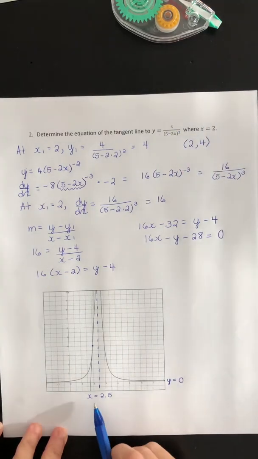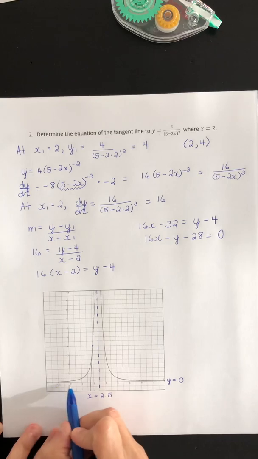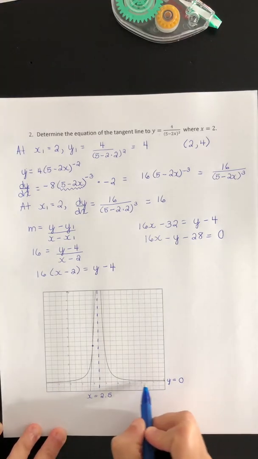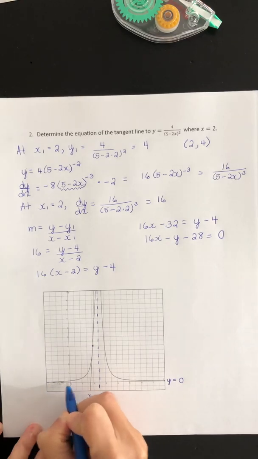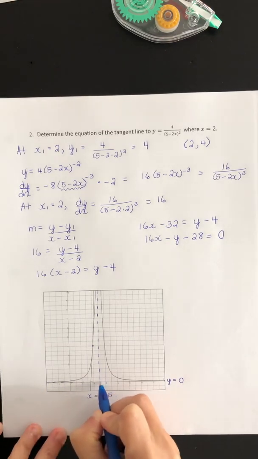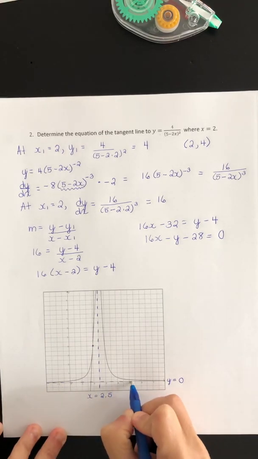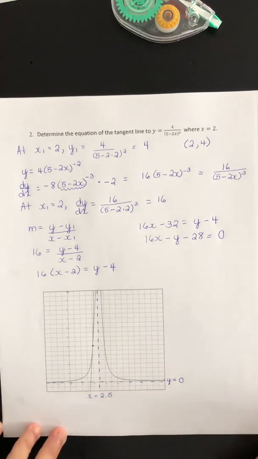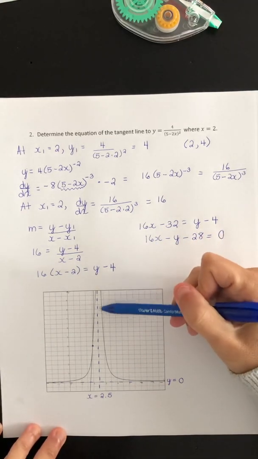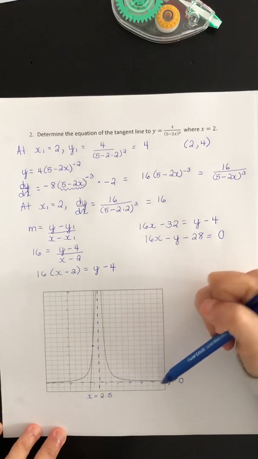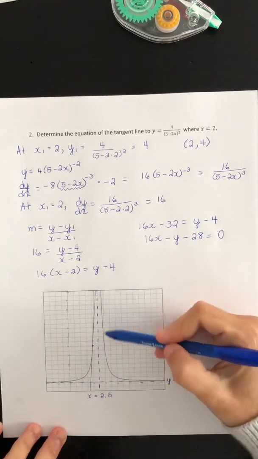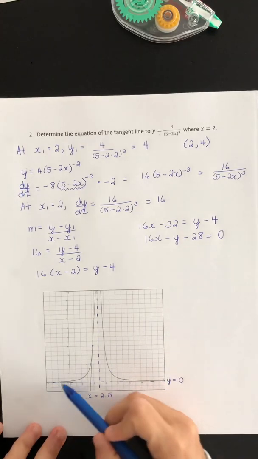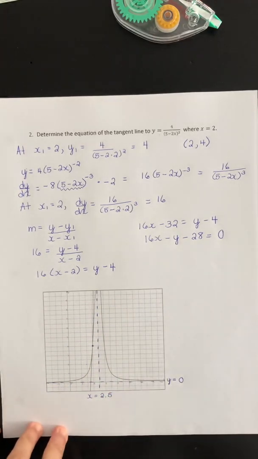Okay, so anyway, there's also that broken line at the y-axis, like this. And then the two pieces of the graph, therefore, are here and here. So the curve will approach these two lines but never touch them.